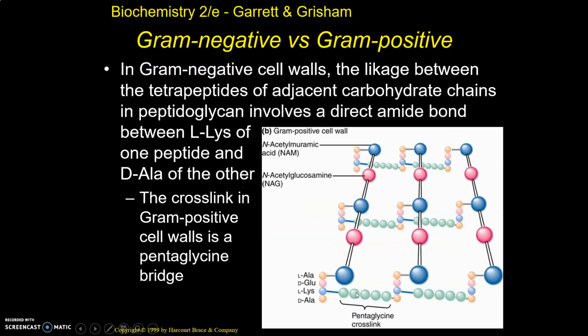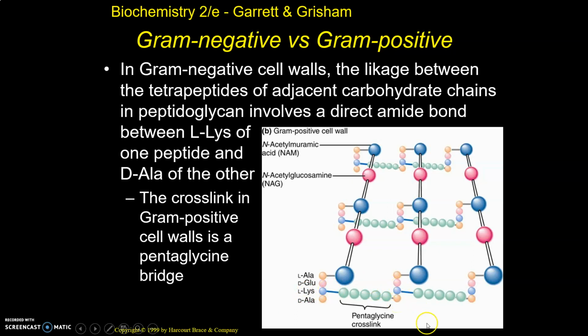So in gram-positive bacteria, you have these extra crosslinks, which are pentaglycine, that give you an extra bridging mechanism. We don't really need this in the gram-negative because it's much more smashed together, so you've got a direct sort of connection. The amino acids just link up to the amino acid. So the L-lysine of one peptide directly connects to the D-alanine of another.